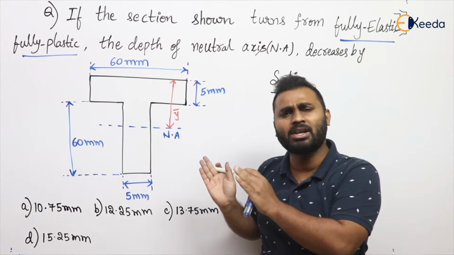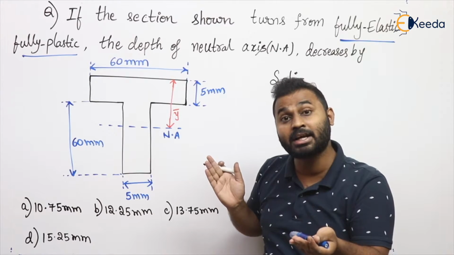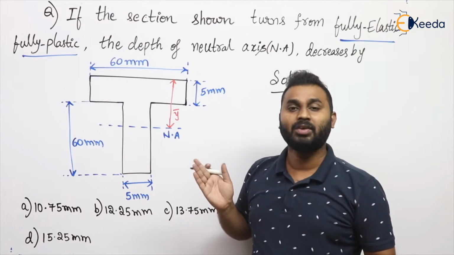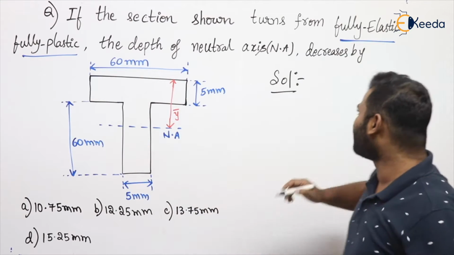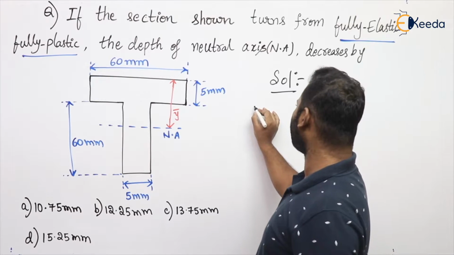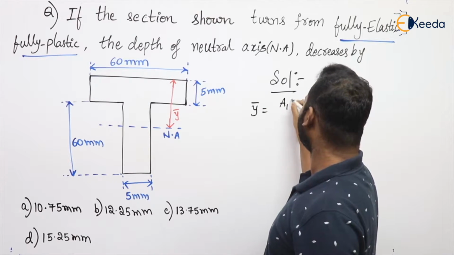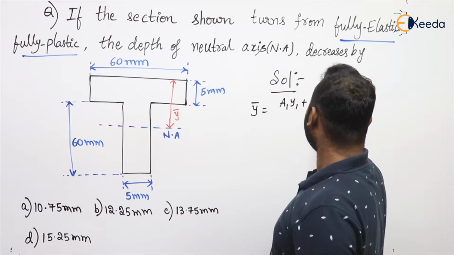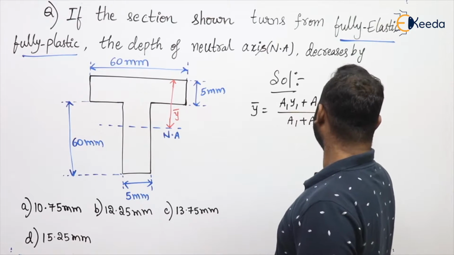So this y can be evaluated by using Varignon's theorem, which we started studying right from our +2. Even in our sessions we have solved some questions, right? Coming to the y bar, for finding the y bar we use Varignon's theorem. What is that theorem? (A1y1 + A2y2) upon (A1 + A2).